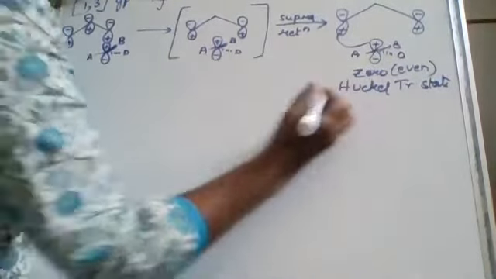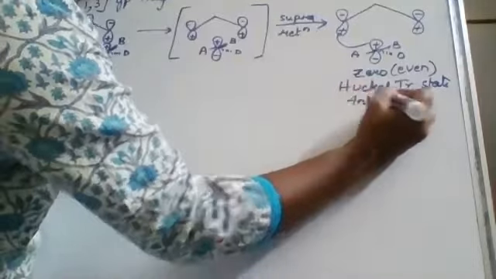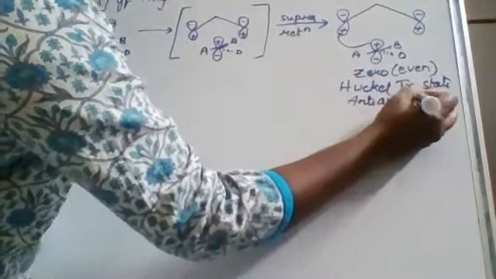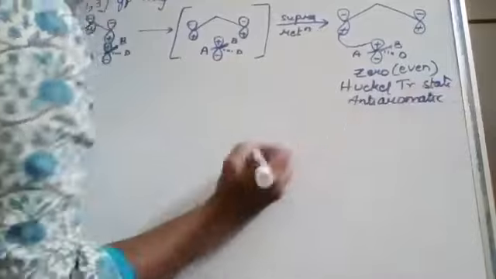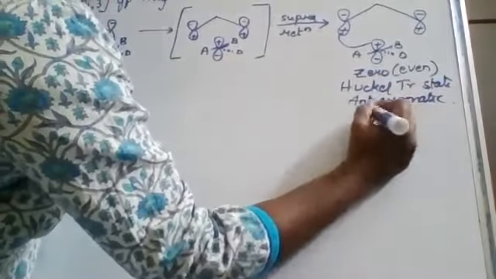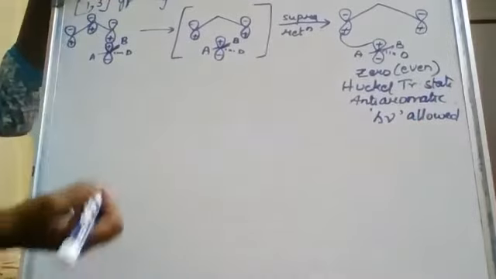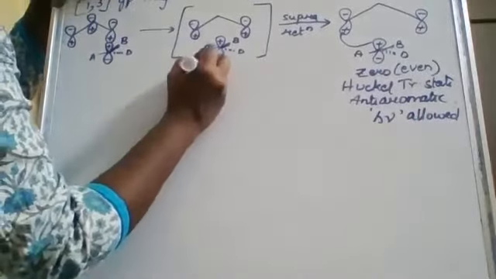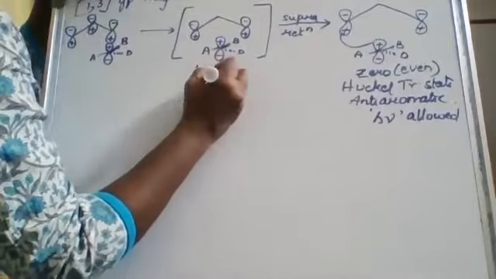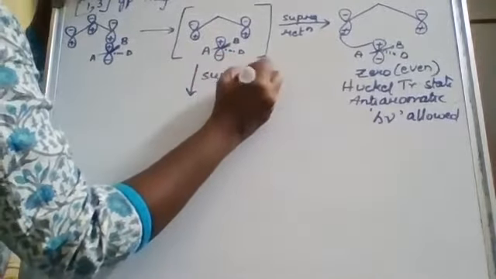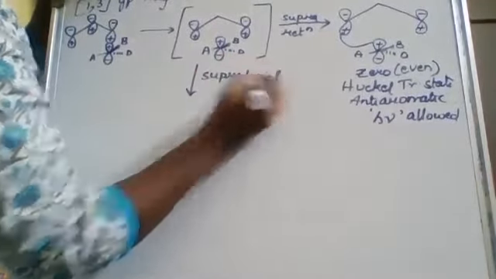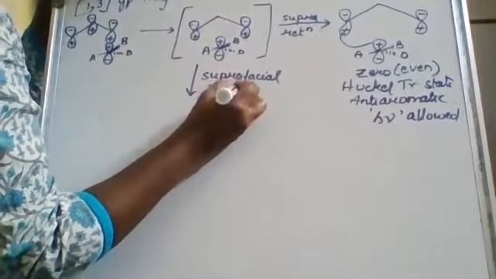So this Huckel transition state is considered to be anti-aromatic. As it is an anti-aromatic transition state, it should be photochemically allowed. Okay, next. Take suprafacial migration with inversion of configuration.